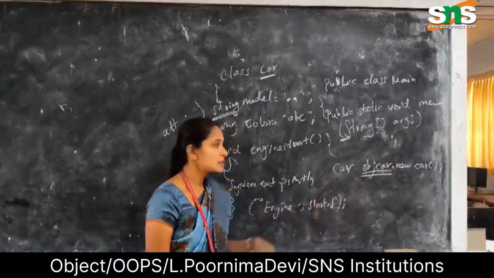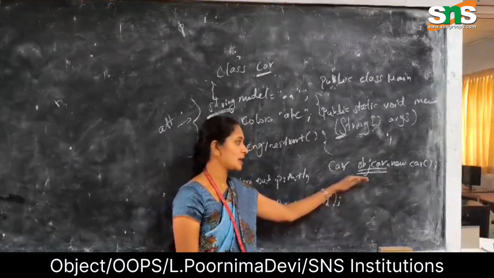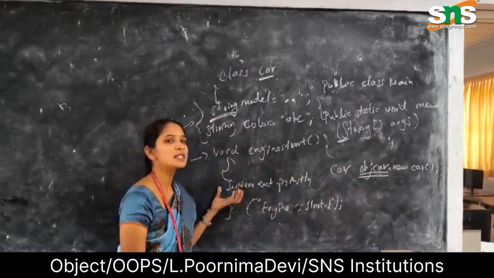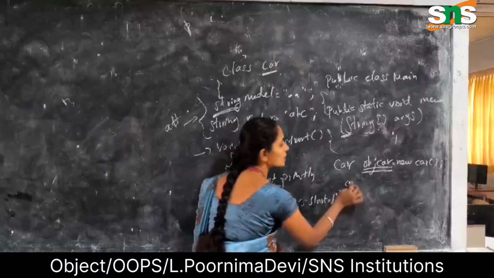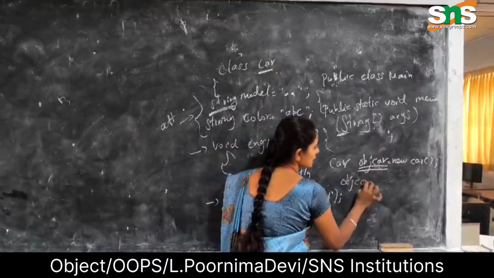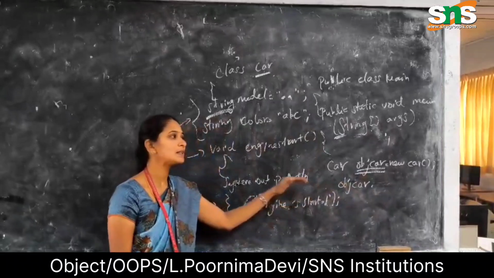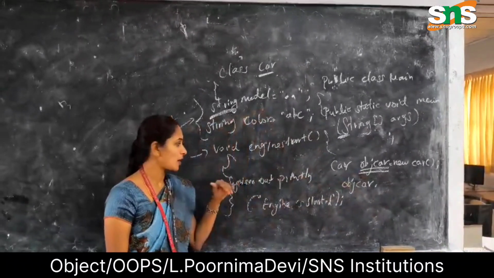After that, based on the object name, I can call either the attributes or methods which are inside the class. To call the method, I use my object name, which is objectCar, created for the class Car.